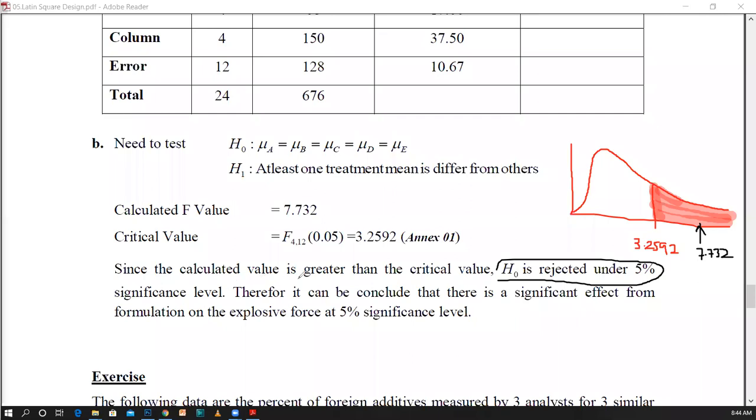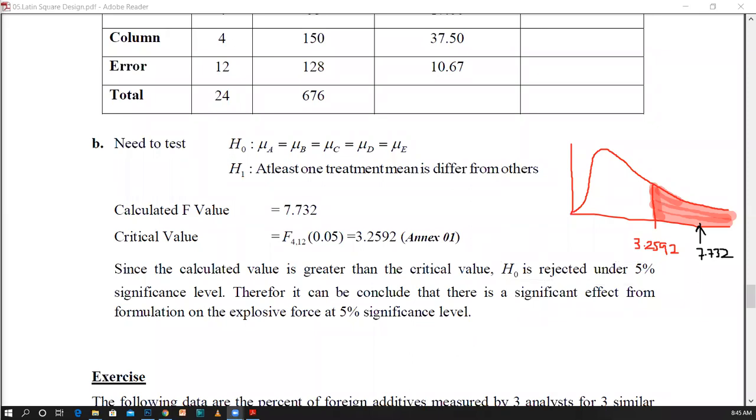According to the problem or the research question of this experiment, you have to make the interpretation. Here we needed to test whether there is any effect from the formulation on the explosive force. Therefore, we have to include it in our interpretation also.